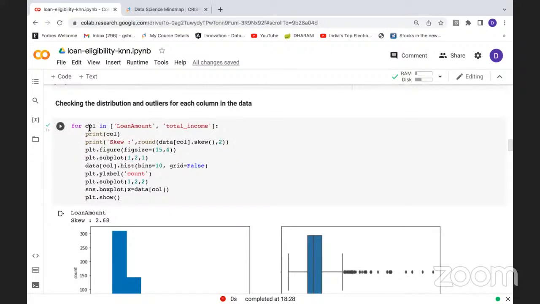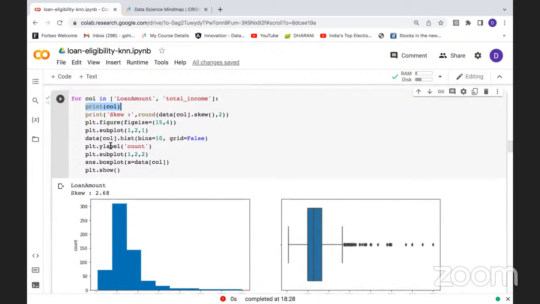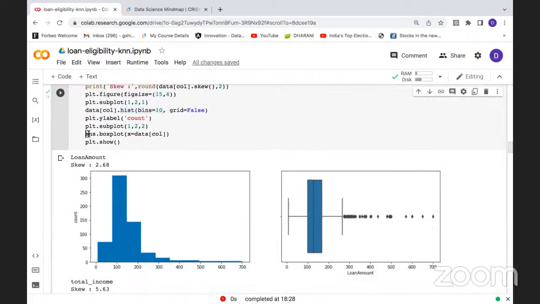I have written a for loop that iterates only two times. I ask it to print the column name and the skewness, plot a histogram with 10 bins, and also plot a box plot for the column.